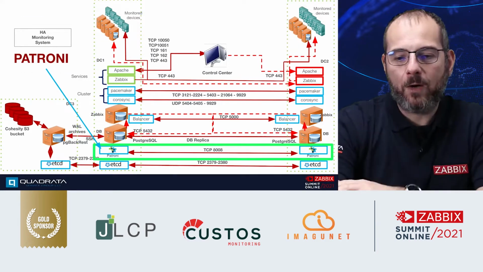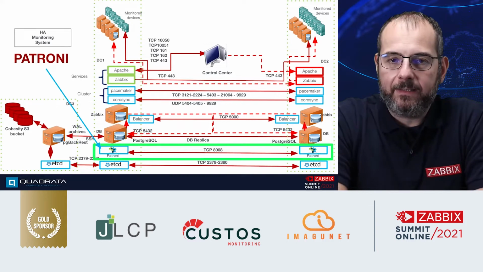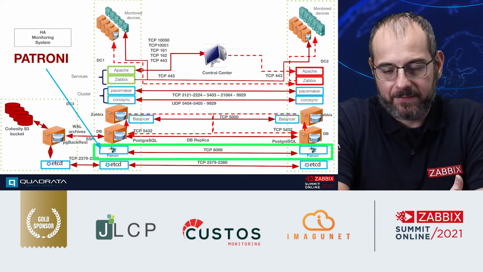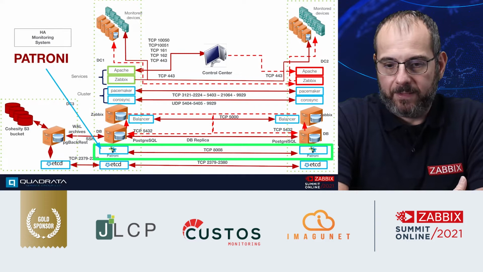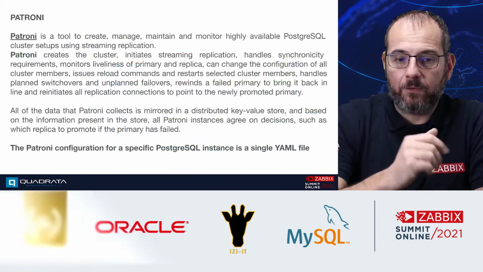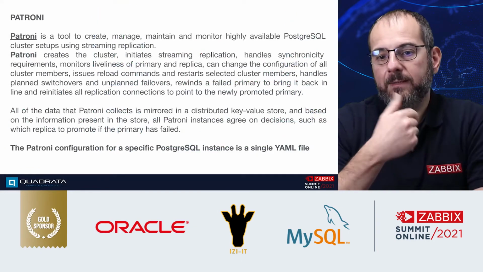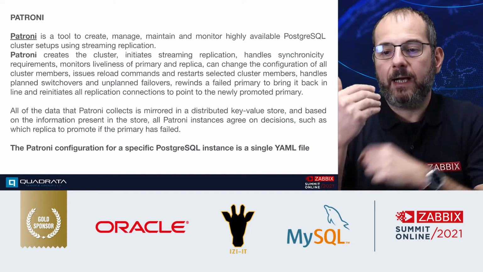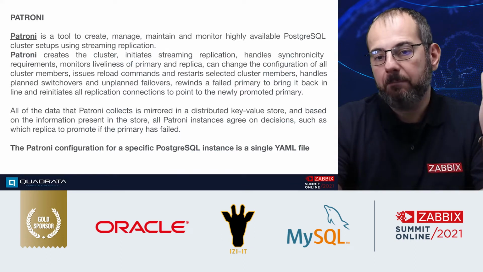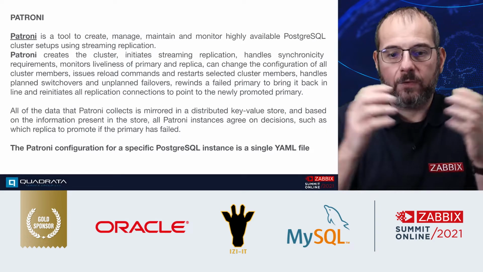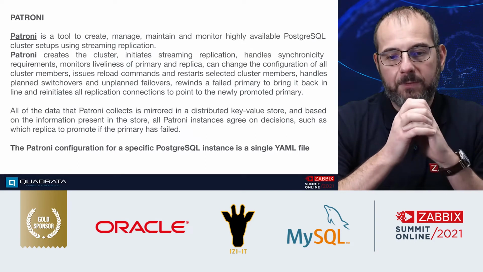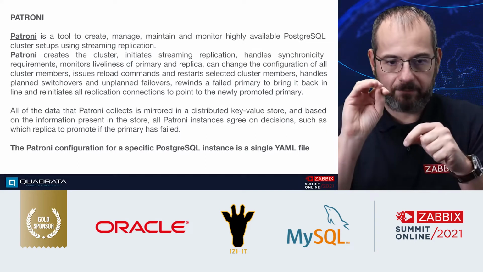And how do we manage the Postgres cluster? We use Patroni. Patroni is the software that can manage, maintain, and monitor the high availability of the Postgres nodes. So it is a very important piece of our infrastructure.